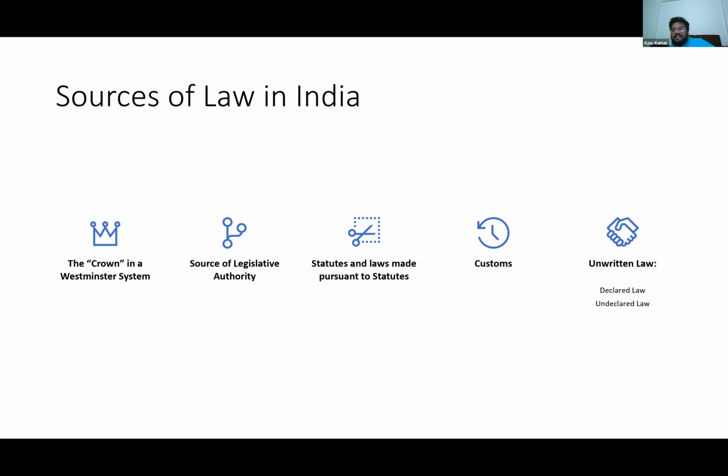Now, it's very popular to say we are a democracy, but India is not a democracy. We are a democratic republic with an elected legislature. What do I mean by this? I mean that it is not just the popular mandate that gives the legislature the authority.